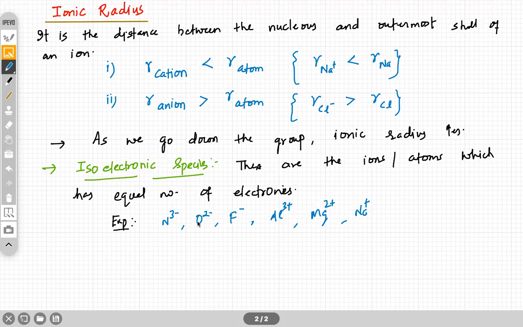You are only considering one factor, that is electronic attraction towards the center. But at the same time we have electronic repulsion also. So electronic repulsion dominates and hence Cl minus has more ionic radius.